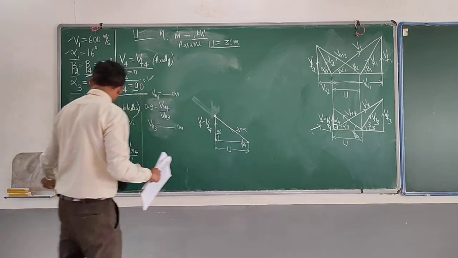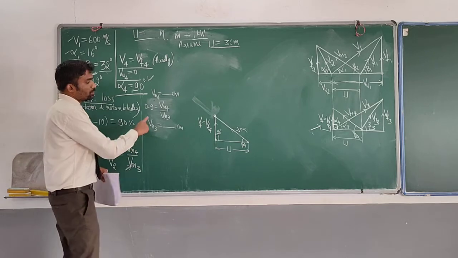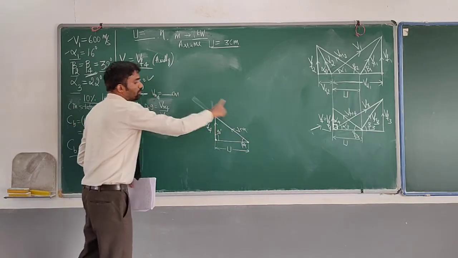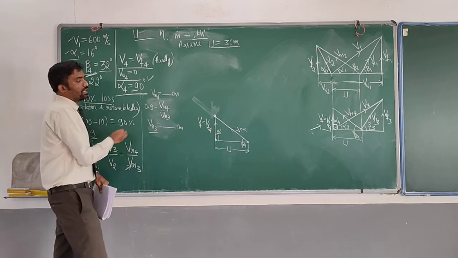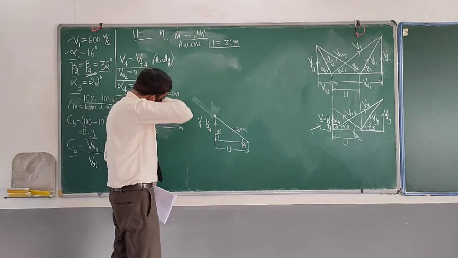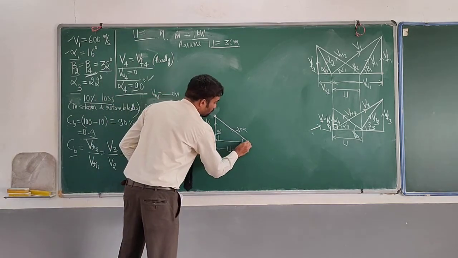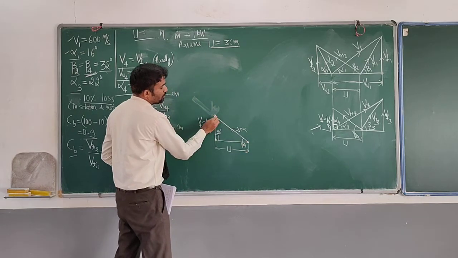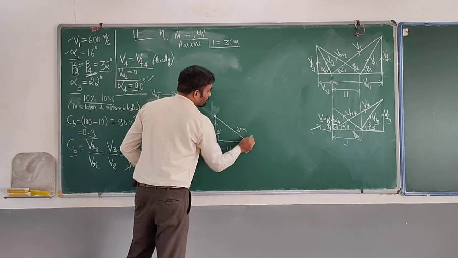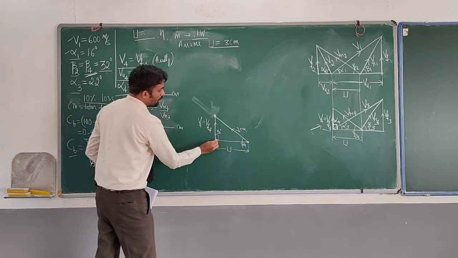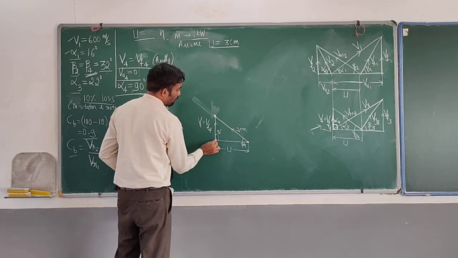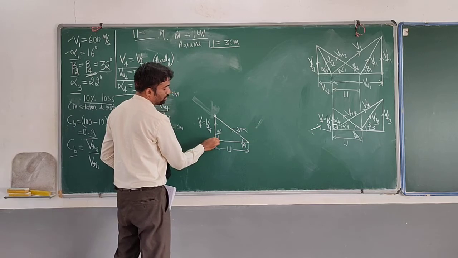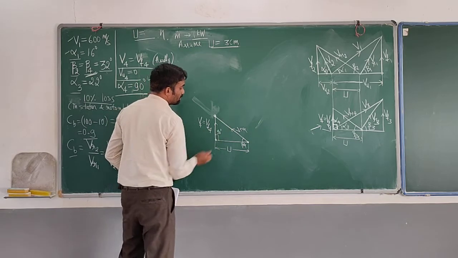When I complete the velocity triangle with respect to the outlet stage, I am using this formula to get VR3. VR3 will start from this point only, because VR4 is on this side, so VR3 is definitely on the other side. If this is V4, the other V component, V3, will be on this side.